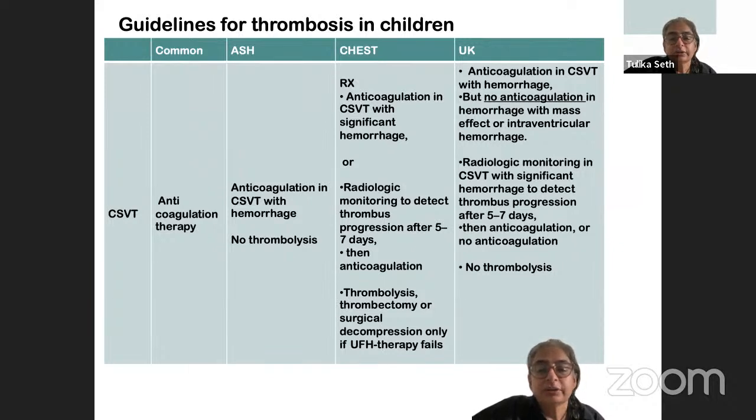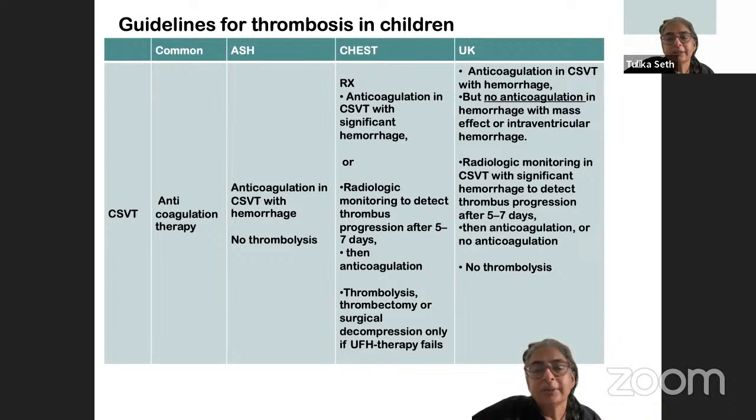And here, usually it is given with unfractionated heparin because these patients are usually in the hospital. And the UK guidelines, again, recommend anticoagulation if there's hemorrhage, but they also specify not to give anticoagulation if there's hemorrhage with a mass effect or intraventricular hemorrhage. So they've given a little bit more detail into which patients should get anticoagulation and which patients should not.